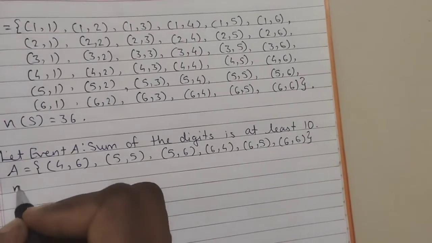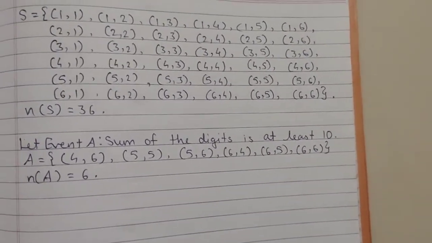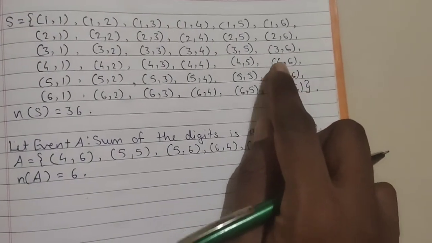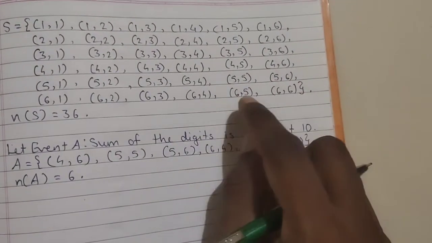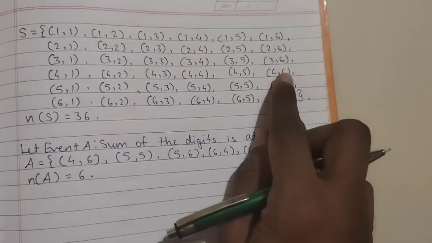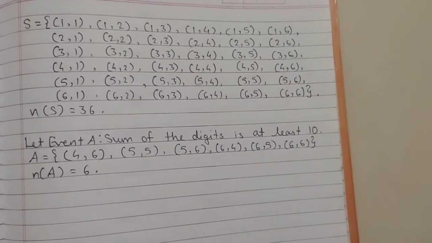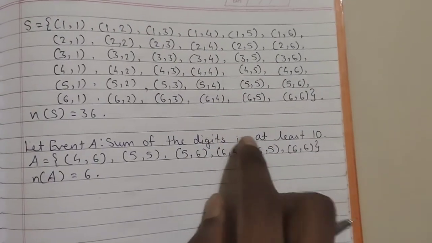Total possibilities are 6, because these are the ones which are 10 or more, not less than 10.